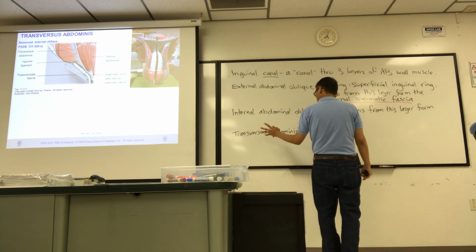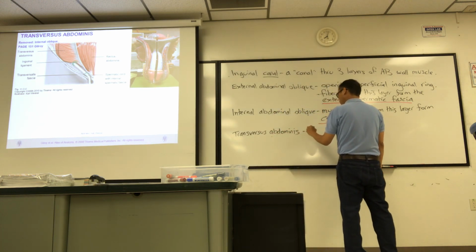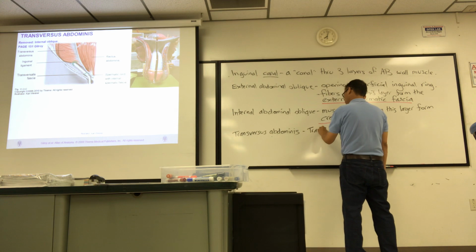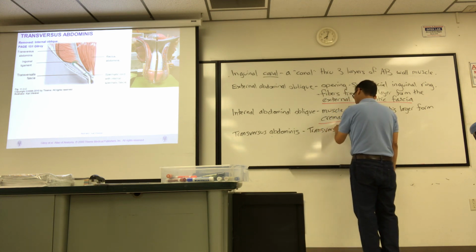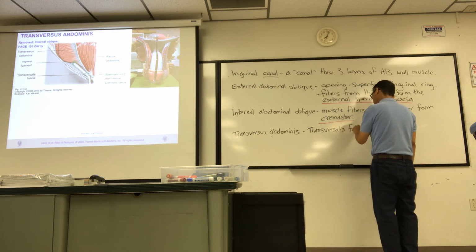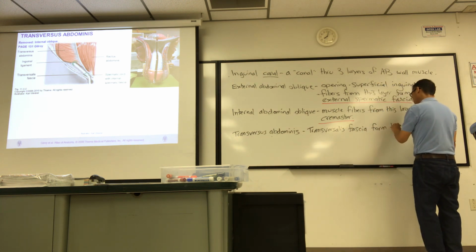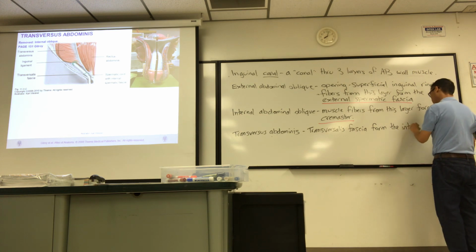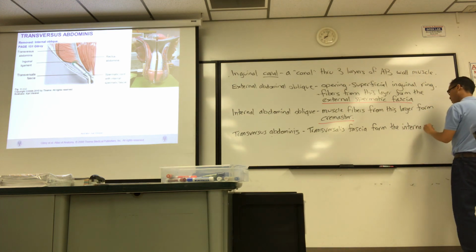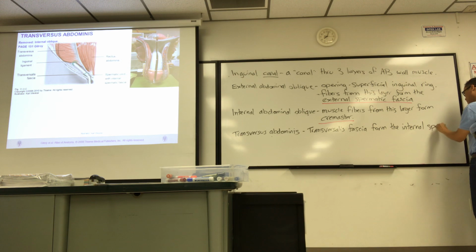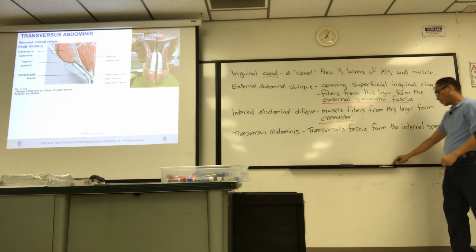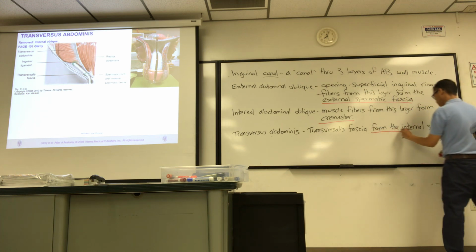So the muscle layer is called transversus abdominis, but within that layer is a transversalis fascia that forms the internal spermatic fascia. Okay, so that's the third layer there. We went from outer to inner.